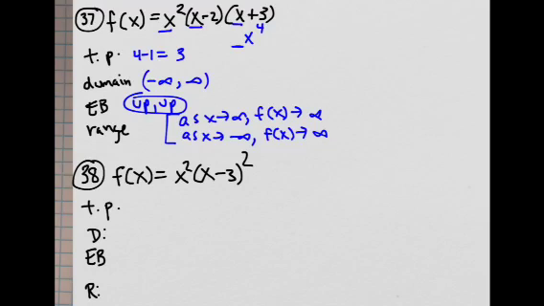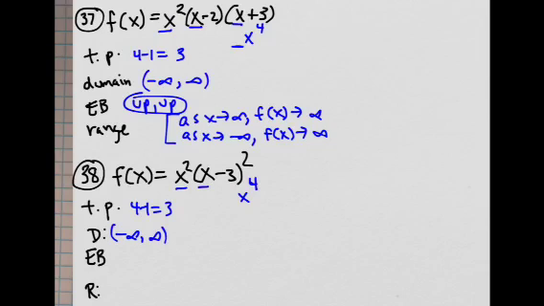Okay, 38. I've got x squared and x squared because there's a 2 outside of parentheses. So this is another 4th power quartic function. The turning points, 4 minus 1, so it has a maximum of 3 turning points. The domain is all reals.